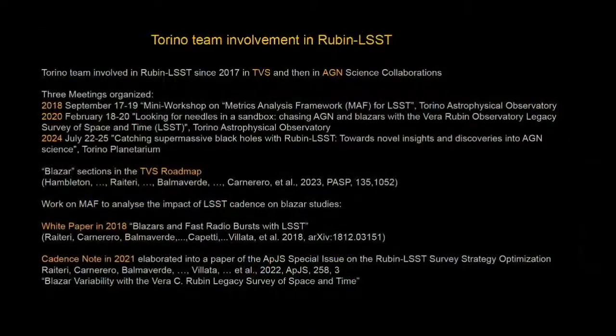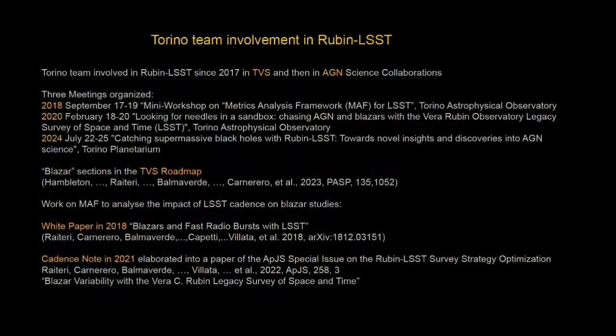So, our involvement in Rubin LSST goes back to 2017, when we became members of the TVS and then of the AGN science collaborations. We organized a couple of national meetings and the present international meeting. We wrote the Blazar section of the TVS roadmap, and we work on the metric analysis framework to analyze the impact of the survey cadence on Blazar studies.